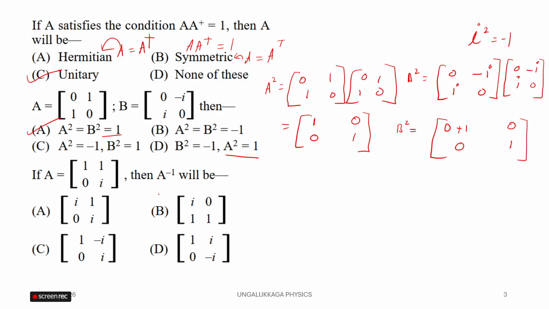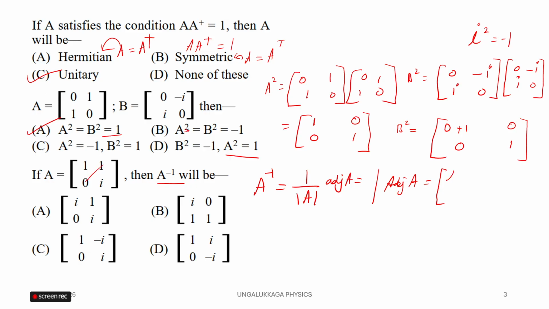Then A is equal to [1 1; 0 i], then find A inverse. Once you need A inverse, you have to write the formula 1 by determinant of A into adjoint of A. In the case of 2 cross 2 matrices, the adjoint of A can be written this way: you have to change the signs of these two elements, and interchange this 1 and i.